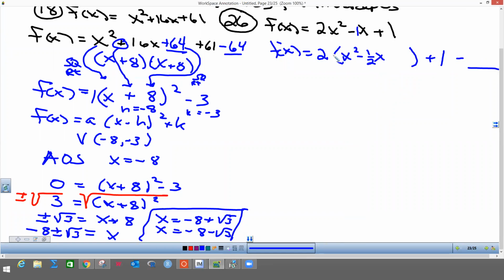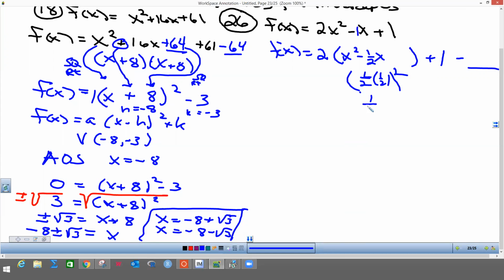So dividing 2 by 2 gives me 1. Dividing 1 by 2 gives me 1/2. Now I have to take that 1/2 and divide it by 2. Well, dividing by 2 is the same as multiplying by 1/2. So what that means is I've got 1/2 times 1/2, and I'm doing the same thing I did over there, and I have to square this.